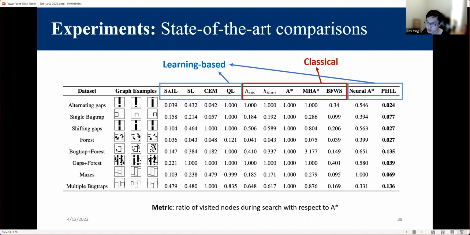This metric is the ratio of the visited nodes during the search with respect to A star. So A star always gets 1. It's the baseline, the easiest standard thing you can do. We record, for example, what percentage of nodes each method visits compared to the number of nodes visited by A star.